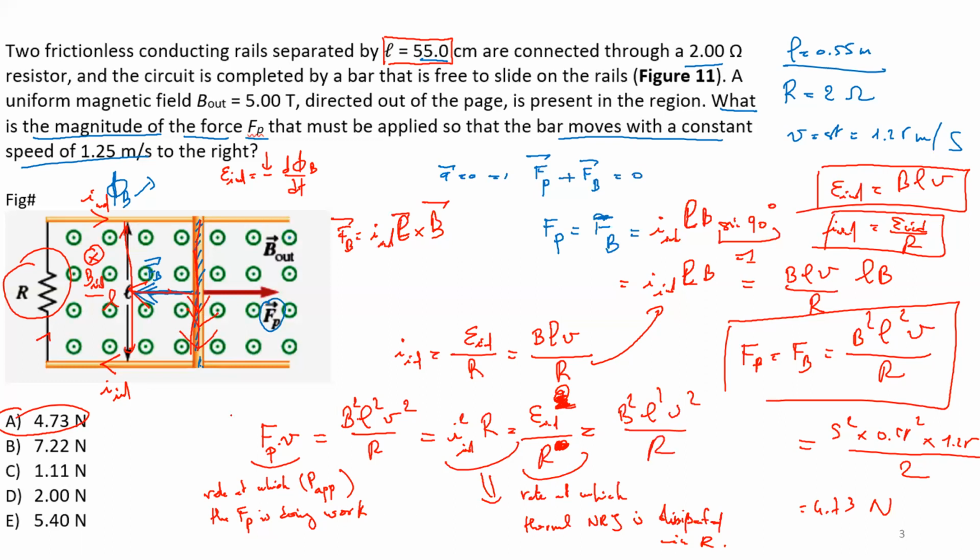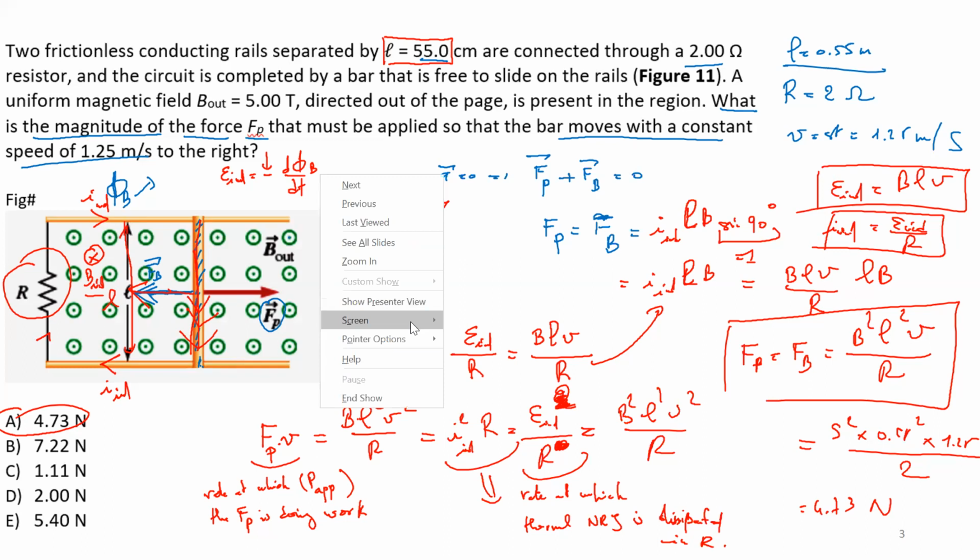Of course, since I am pulling the bar out, there is a magnetic force opposite to my force, so there is a resistance. It will resist the motion. Lenz's law, Faraday's law. And of course, the work or the power I am doing will be equal to the power dissipated by the resistor.